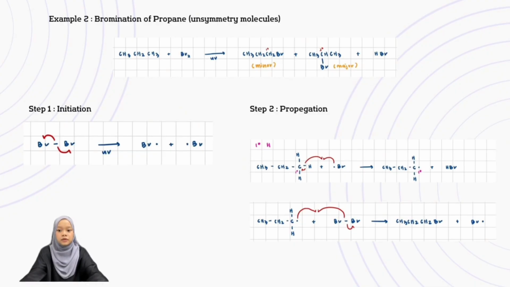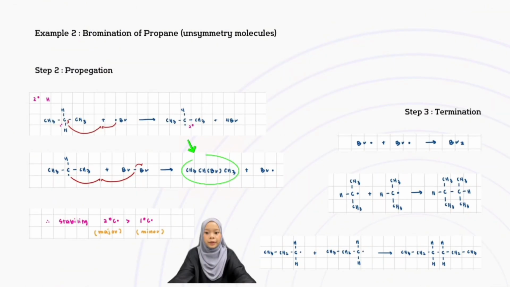Step 1 involves bond breaking of the Br-Br bond in the presence of UV light. Step 2 involves both bond breaking and bond formation, producing free radicals that continue the chain reaction. However, in this case, we get 1-bromopropane by replacing one of the primary hydrogens and 2-bromopropane by replacing a secondary hydrogen.